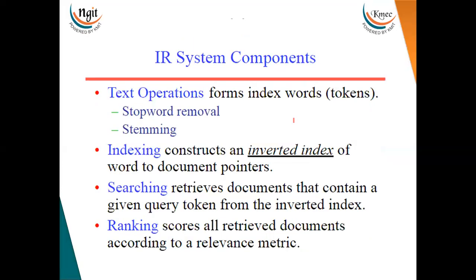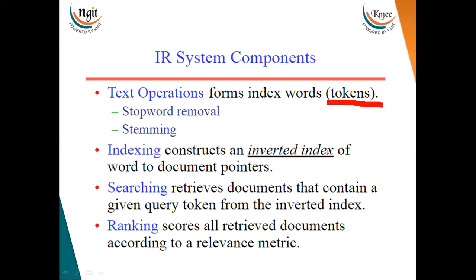So the main components of this IR system are, the first one, text operation. What this text operation will do is, whenever a query is given, out of that query I will find the tokens, that is the keywords, that is the index words. The stop words should be removed, and stemming means the unwanted word endings or beginnings should be removed. Then which indexing are you applying?